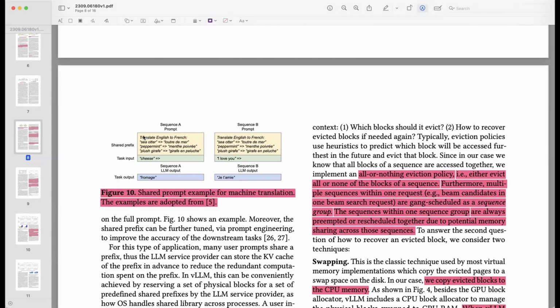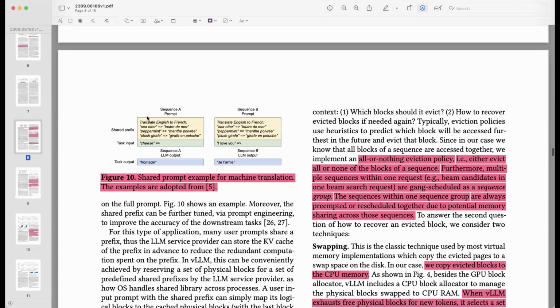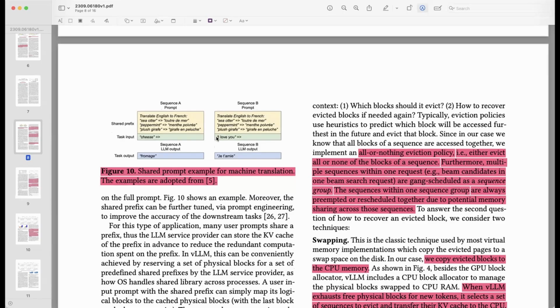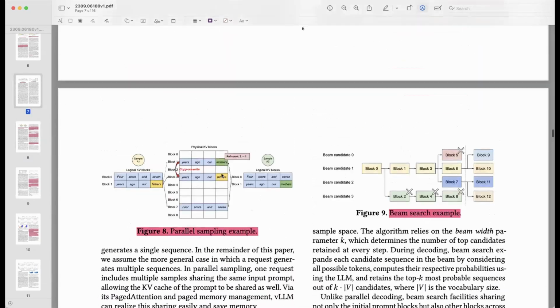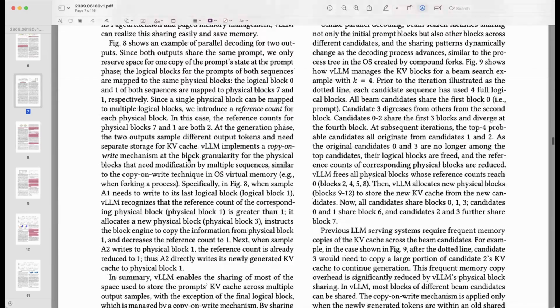In that scenario, you usually have the same prompt, like "translate English to French" with some examples, but the task input is different and the output is different. So in this case, you don't need to create a new KV cache for the shared prompt or the shared prefix all the time. That can also be shared using this mechanism.